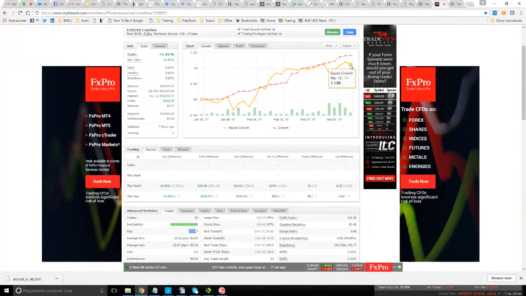So if you have a trading method where you go trade by trade, and you have a series of losses that sum up to a drawdown of 50%, you will barely recover from that.